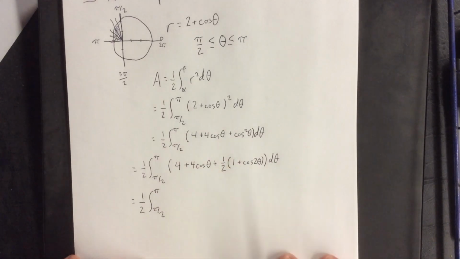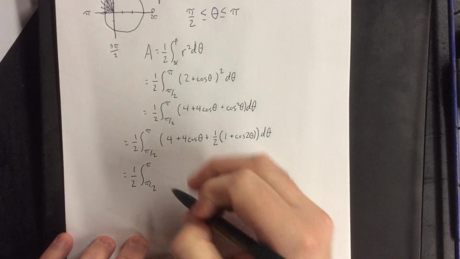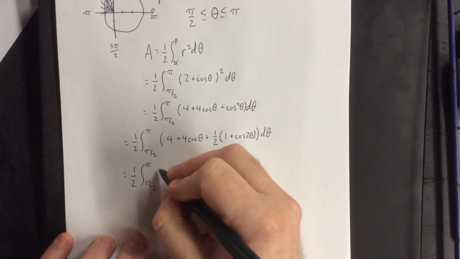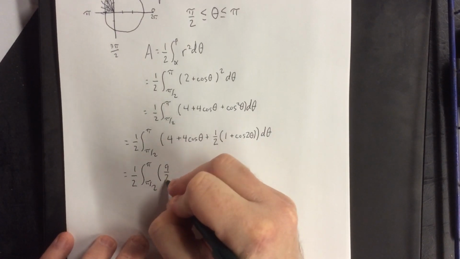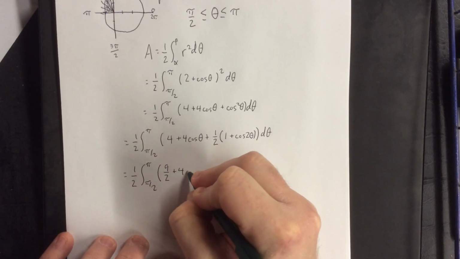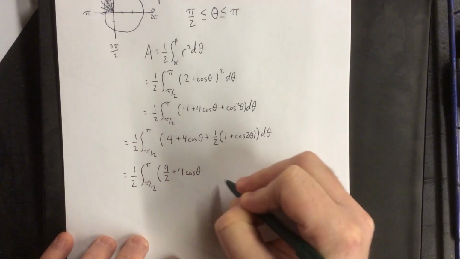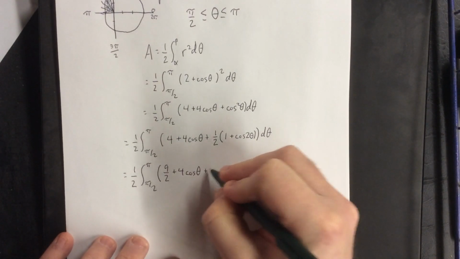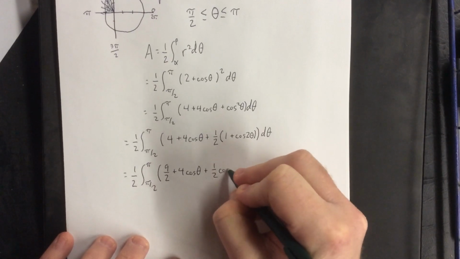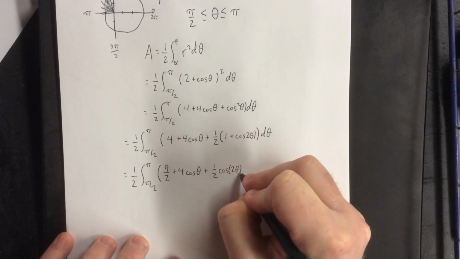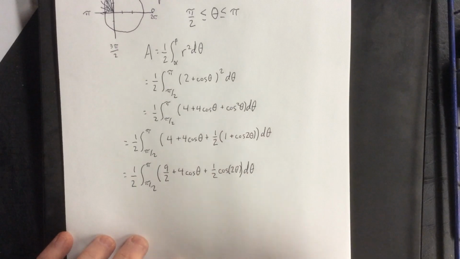Pi over 2 to pi. And we will get 4 plus 1/2 is 4.5, or 9/2 once you get a common denominator, plus 4 times the cosine of theta, and then we'll get a plus 1/2 times the cosine of 2 theta. All of this with a d theta at the end.